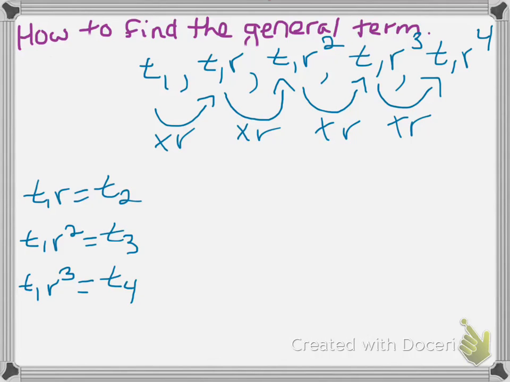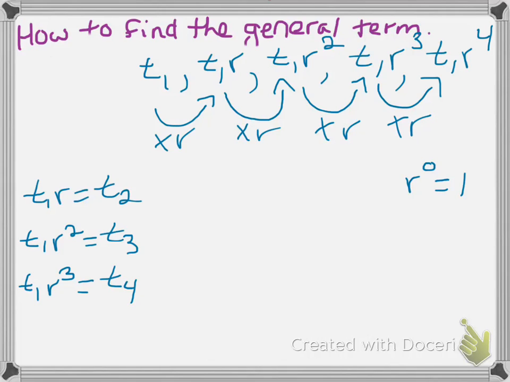If we take a look at this sequence that we've just made, there has to be an r in every one of them. When I look at the first one, I see that it's T1, but I don't see an r. But if we recall, anytime you have a number to the exponent of 0, it's equivalent to 1.